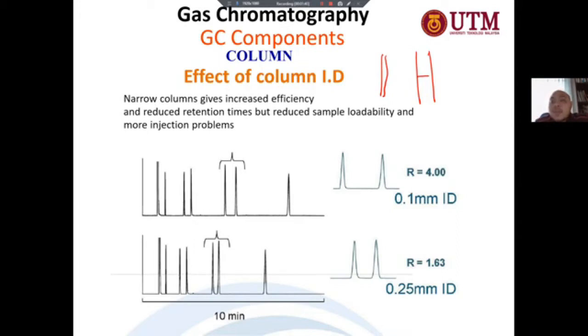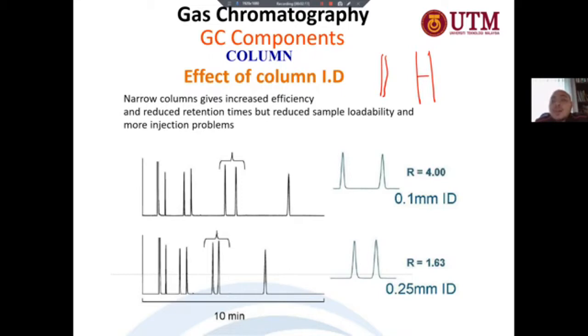If you perform wrongly, or you are not maintaining the right procedure to take care of the column, it will produce injection problems later on. For example, if you keep injecting at high loadability, you will damage the coating of the column, since the coating of the lower internal diameter is much thinner.